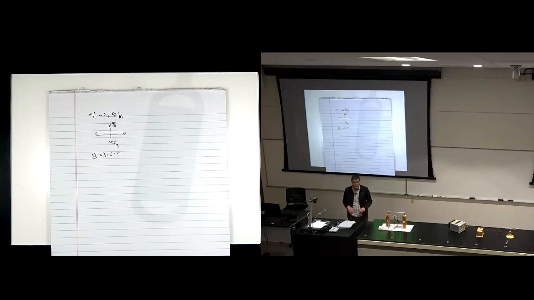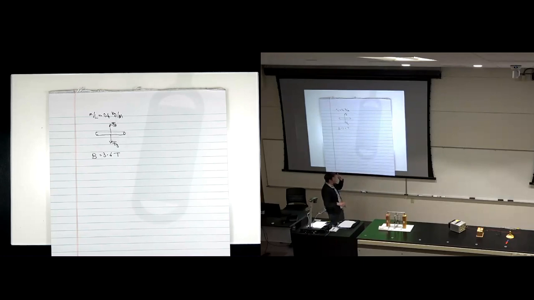It's slightly different because in this case, I know the direction of the force. I'm not trying to find the direction of the force. I'm trying to find the direction of the current in this particular case. So we're using our hand in a slightly different way. And so let's just think about that.